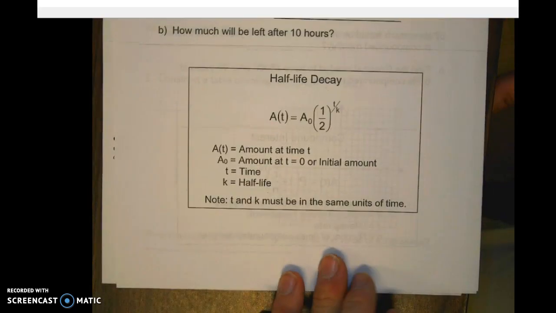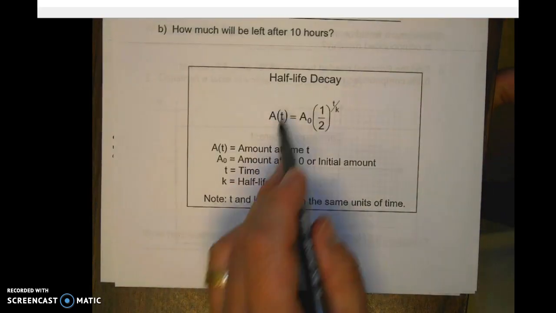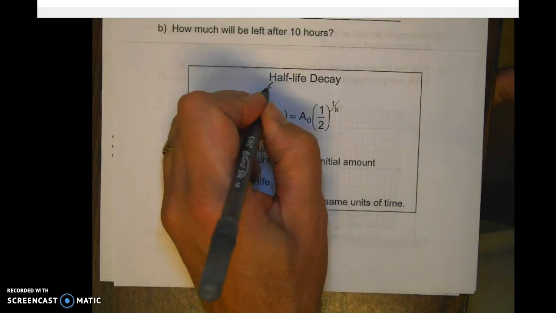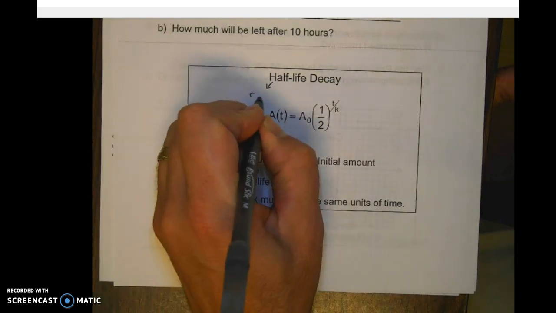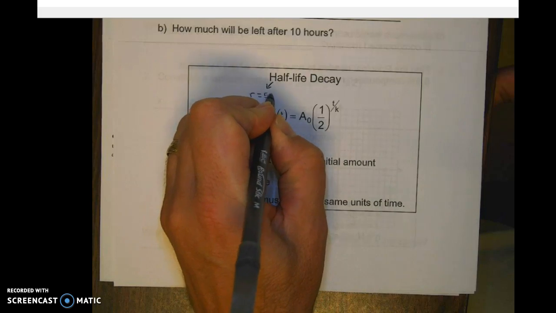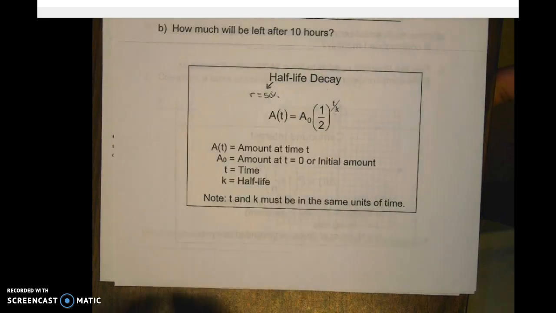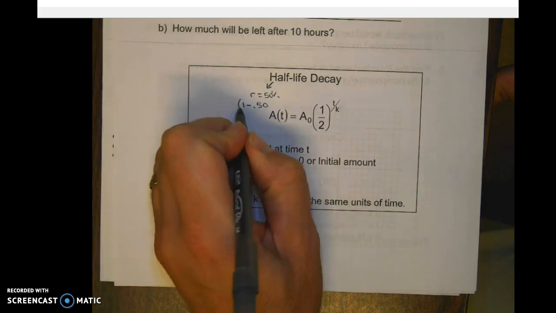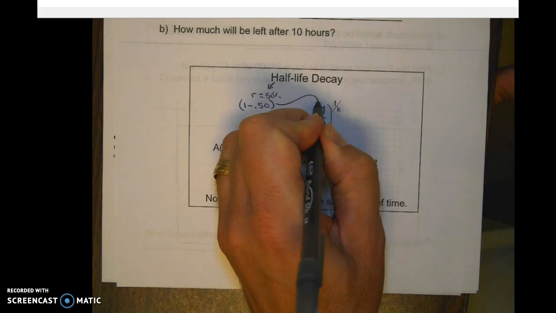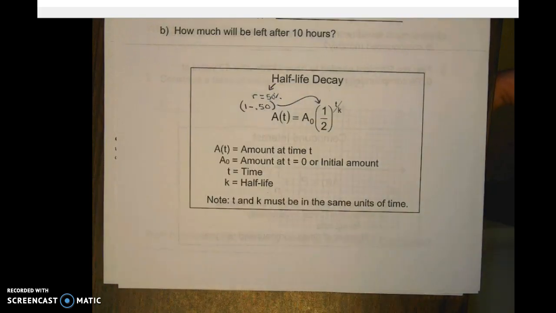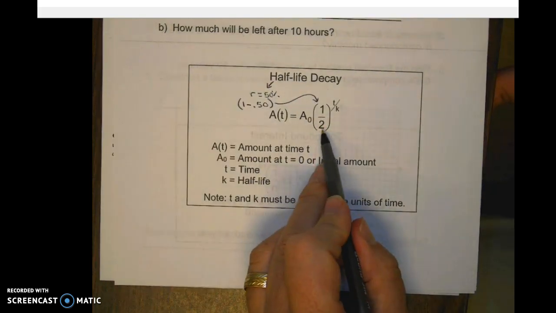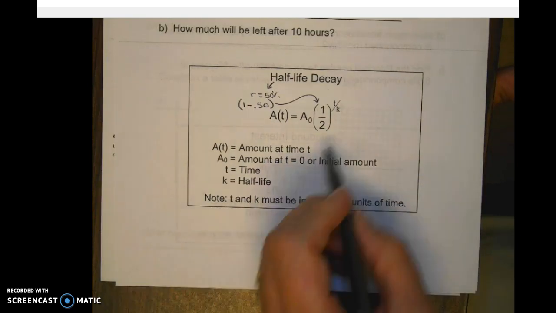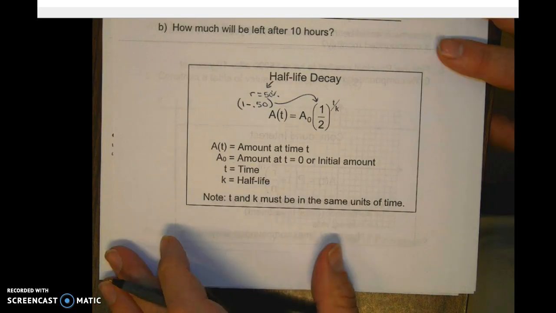Half-life. So half-life's a little bit different. Half meaning it's being cut in half, so your rate would be equal to 50%. And if you take 1 minus 0.50, you get a base of a half. Hence the formula 1/2 as your base. Now something a little bit different here is in the word problem, it's going to tell you what your half-life is.